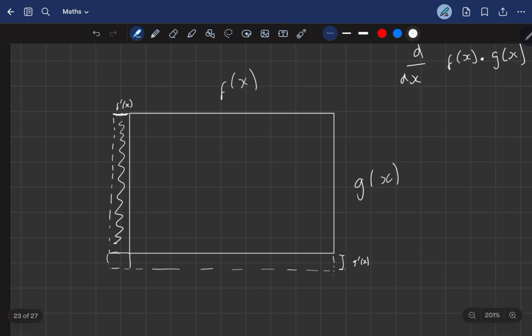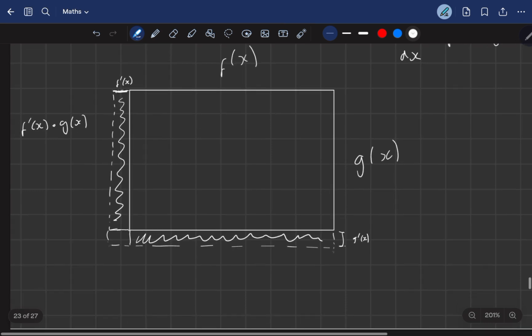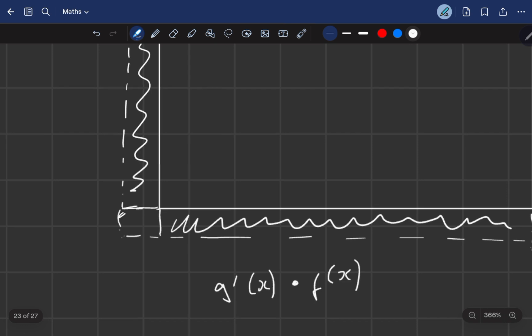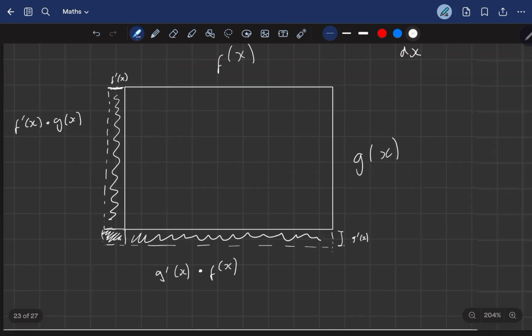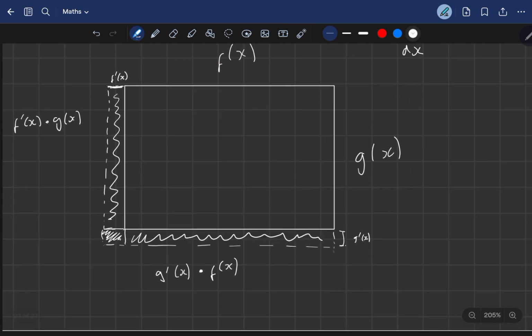So that part is just f prime x times g of x. Now let's calculate the area of this rectangle right here. It has a height of g prime of x and a width of f of x. Now we also have to factor in this rectangle right here. This would be f prime x times g prime x.